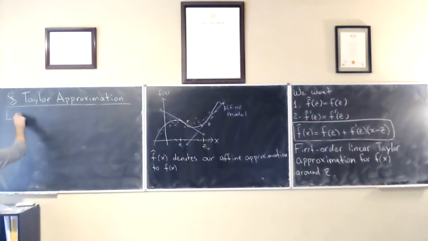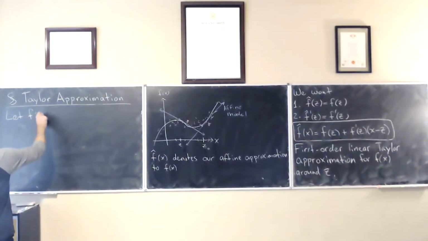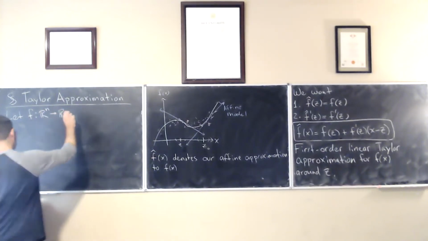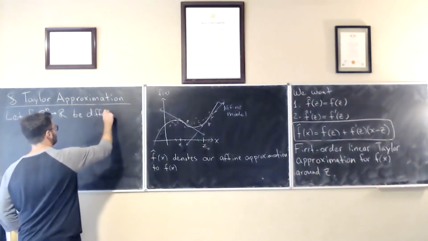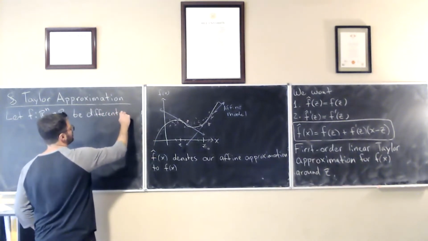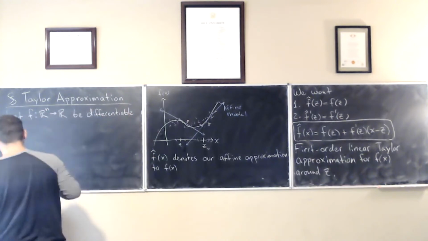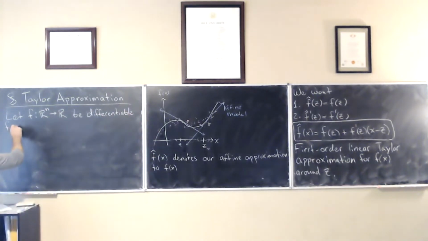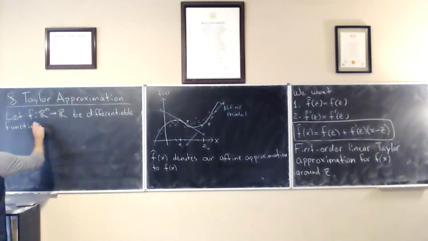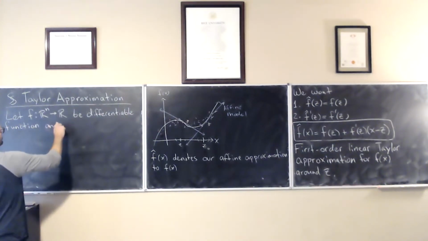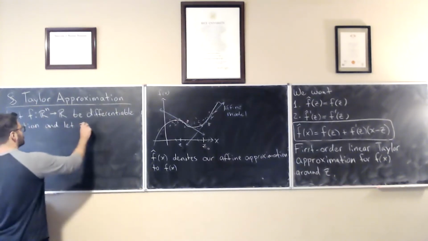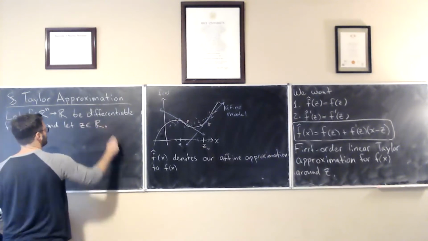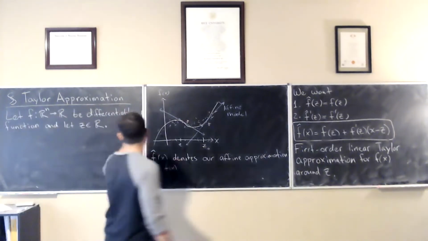So let f be a differentiable function of n variables, meaning that the gradient exists. And then let z be some point in the domain, some vector in the domain. So z is just some n vector. Here z was just a number, here it's an n vector.